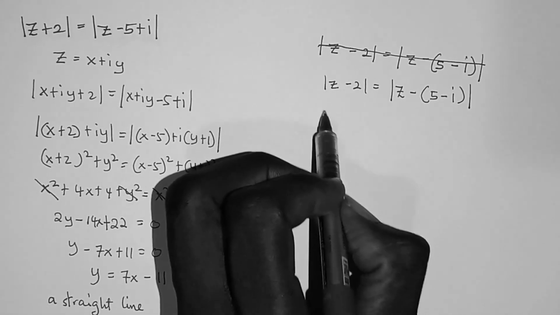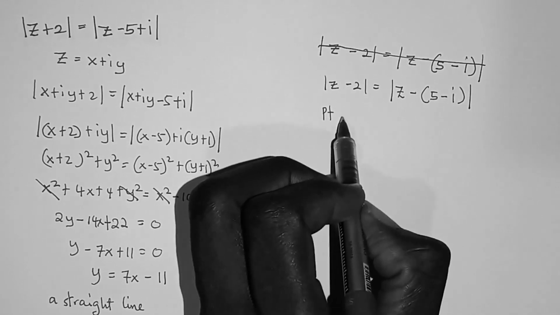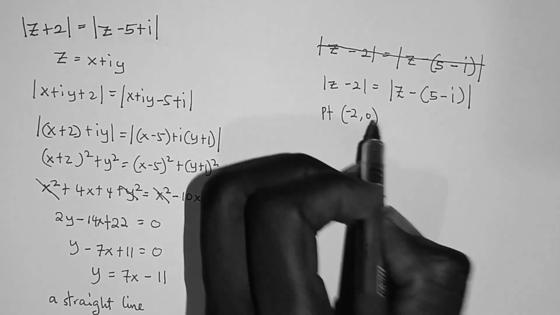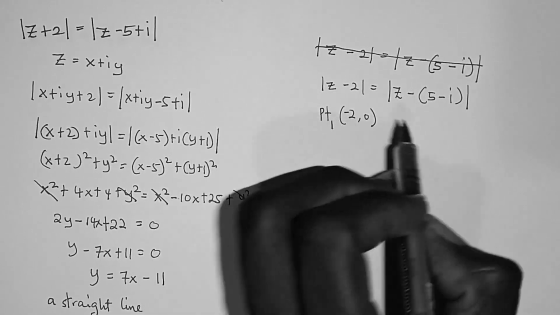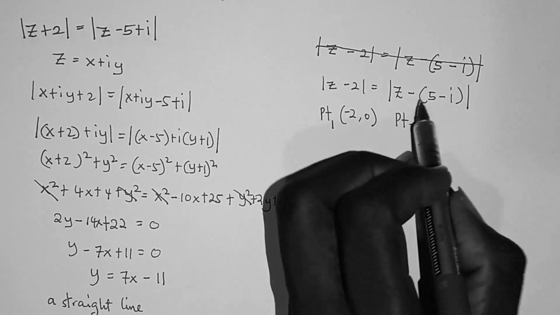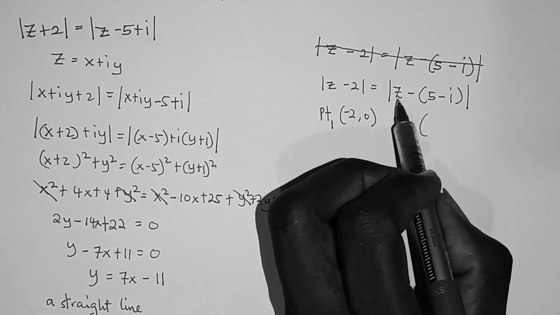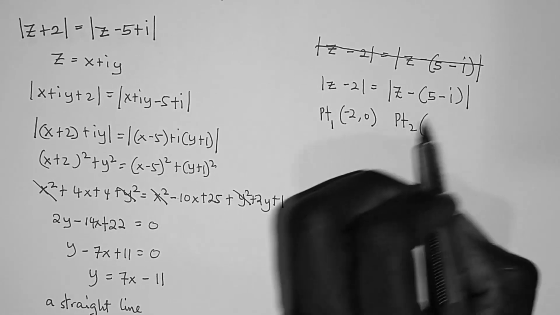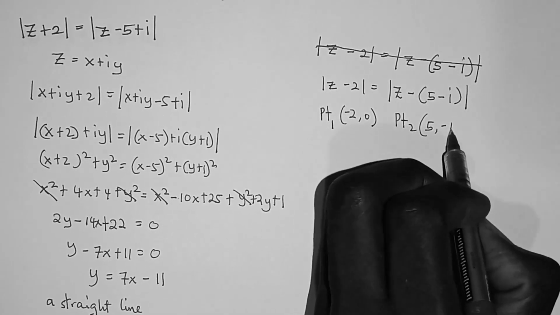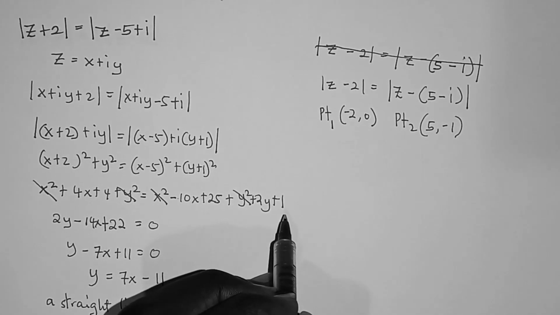Modulus of z plus 2 is a point that is minus 2 and then 0. So let's say that's point 1. And then the second point, point 2, is modulus of z minus (5 minus i). It is 5 and then minus 1. So that is point 2.